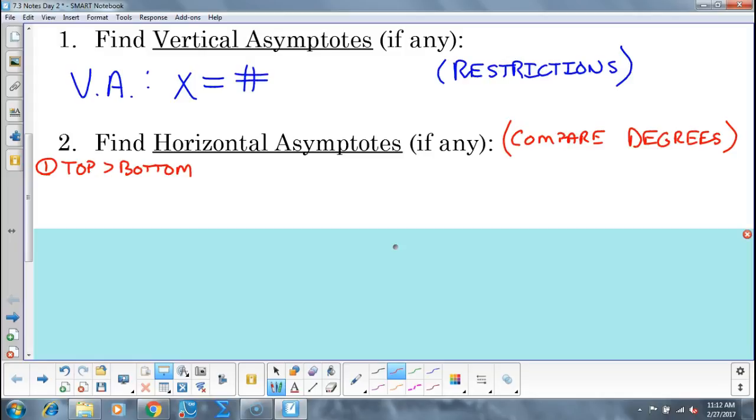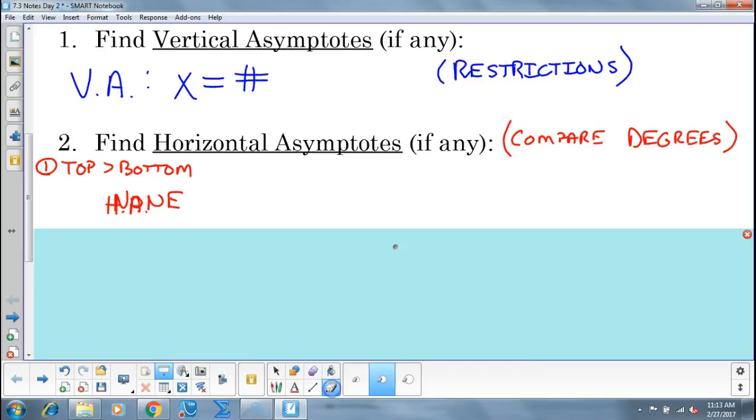If that's the case, then my horizontal asymptote is... My horizontal asymptote is none. There is no horizontal asymptote in that case. With me?